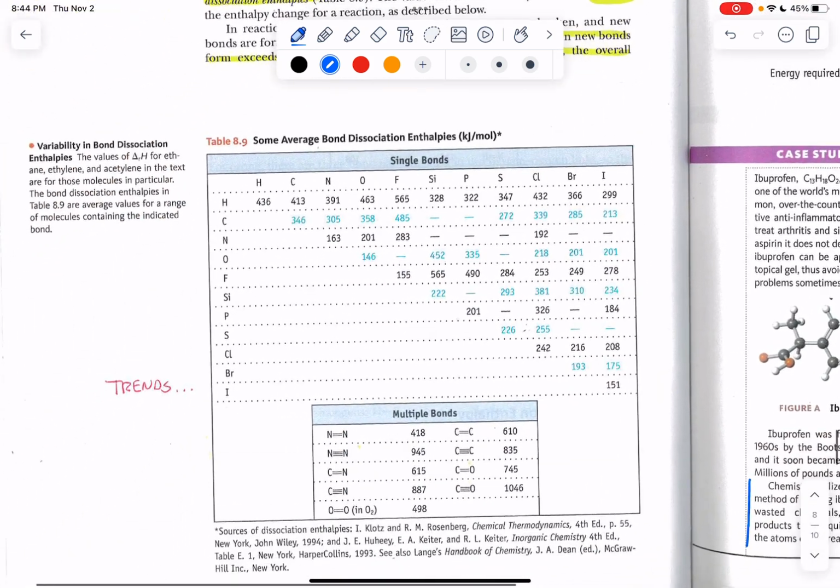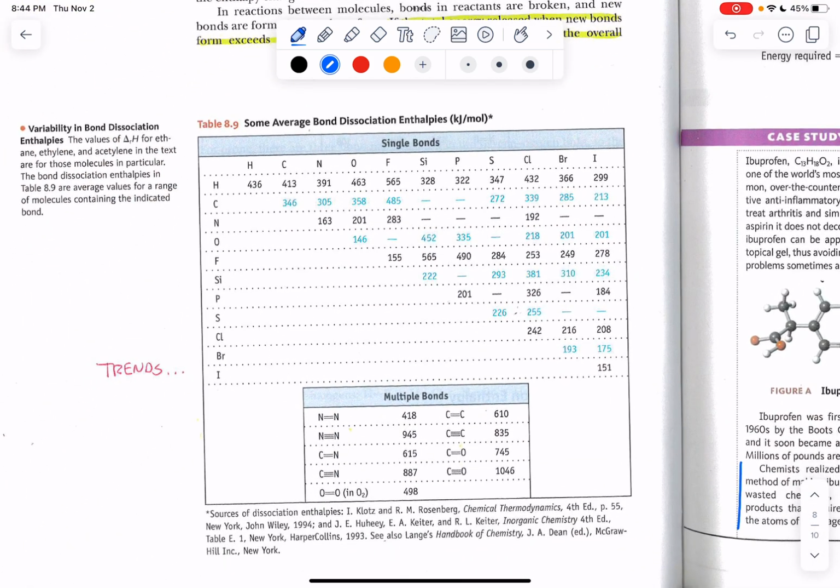So if we look at our chart, again, we can look for trends. You can see here as you go from a double to a triple bond, it takes about twice as much energy to break that. Or if we go from a double to a triple here, it takes a lot more energy to break the triple bond than the double bond, as you might expect. The same is going to be true here.